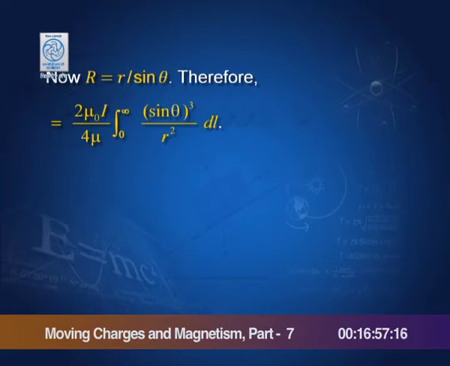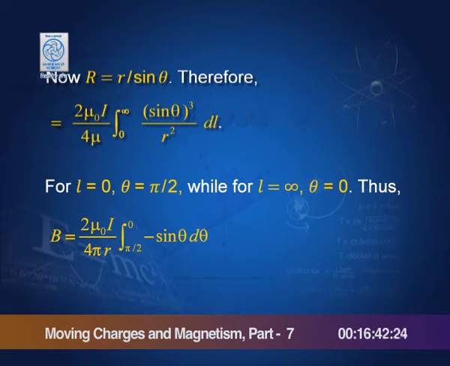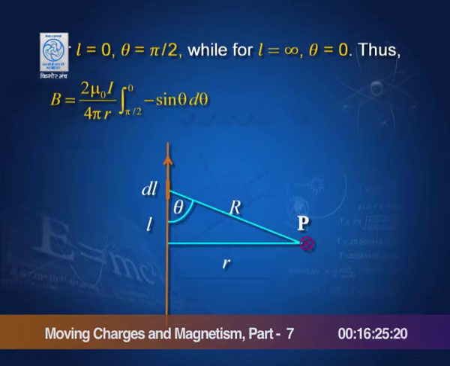So, if we do all that, this integral 2 mu 0 I by 4 pi from 0 to infinity sin theta cubed by r squared dl now reduces to 2 mu 0 I by 4 pi r integral from pi by 2 to 0 of minus sin theta d theta. You see, when you change the variable on which integration is to be taken, you also have to change the limits. So, we have done that. This is little mathematics which you can do, there is no problem.